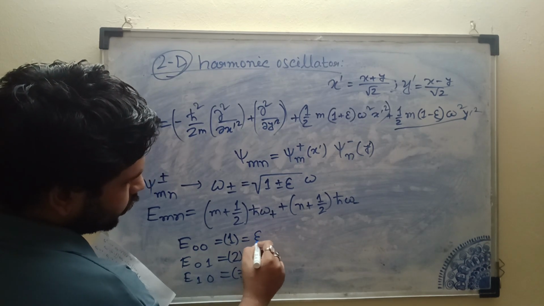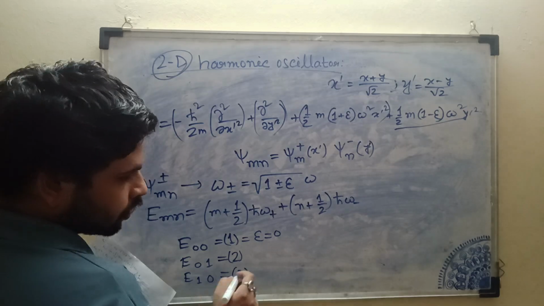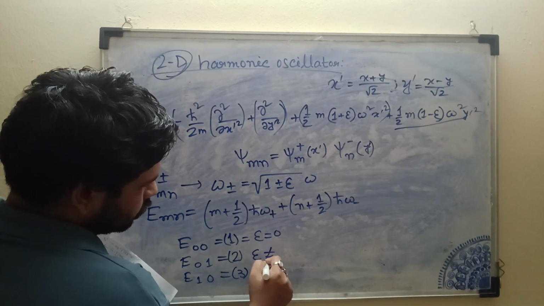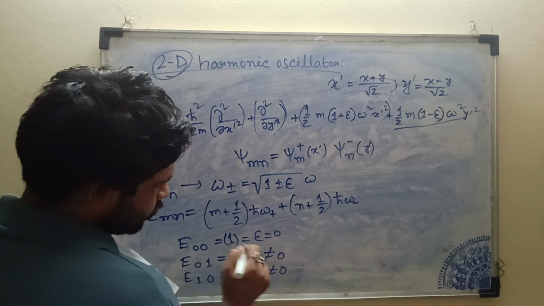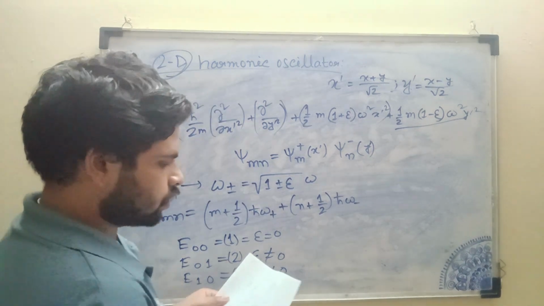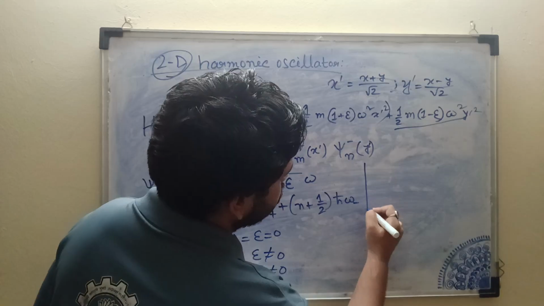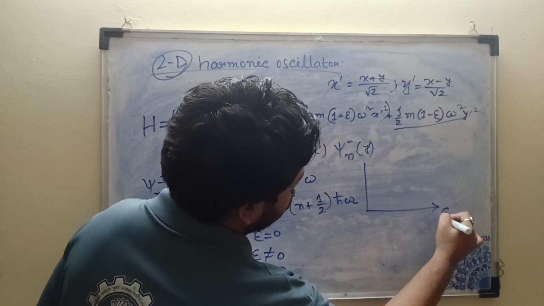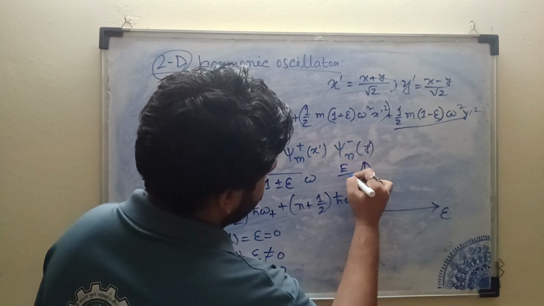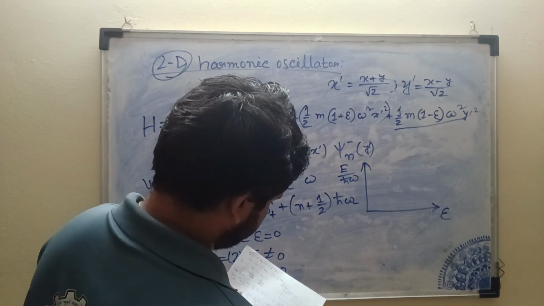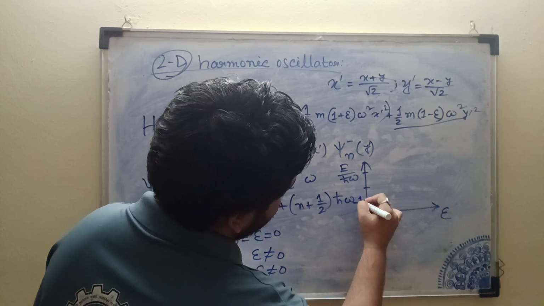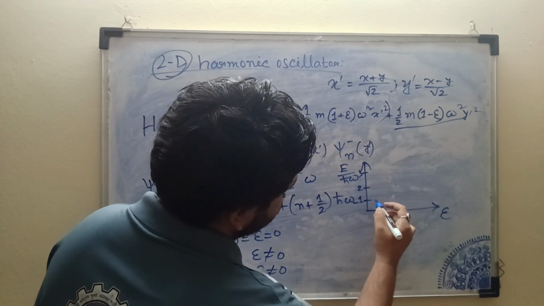These are the states where there is no perturbation, and there are the states where some perturbation exists. So what will be the plot here? The plot will be like this. This is 1, this is 2, this is 3.